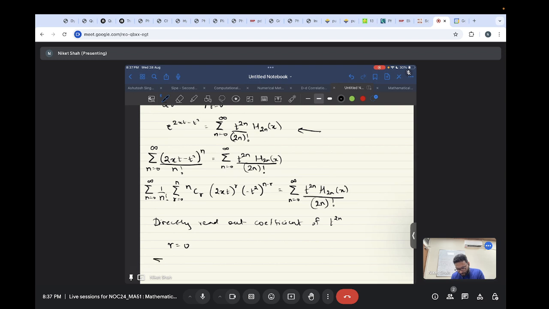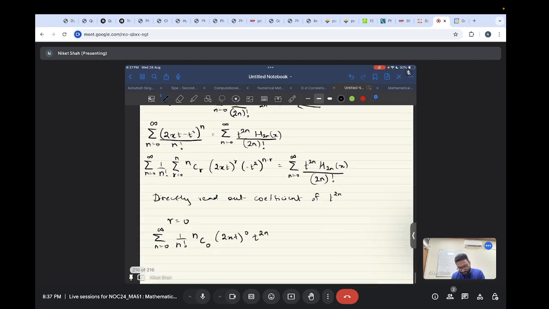Let's write it down. Sum n equal to 0 to infinity, 1 by n factorial, and I just want the r equal to 0 coefficient, which is nC0 x t raised to 0, t raised to the power of 2n, which is equal to sum n equal to 0 to infinity t raised to 2n H2n of x divided by 2n factorial.